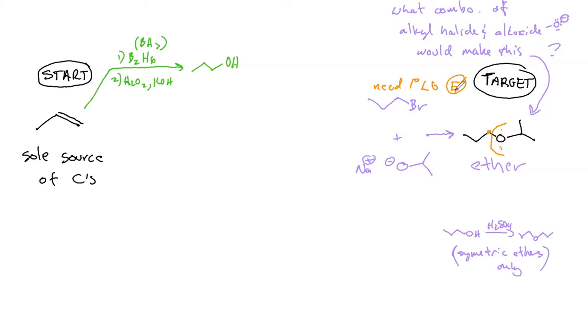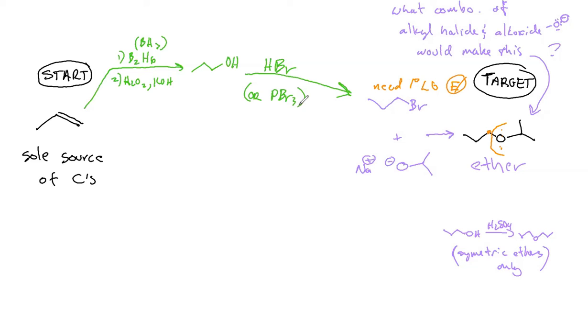So how would we make these 2 fragments? The hydroboration oxidation puts a functional group at the end of the chain, right? That's anti-Markovnikov addition. Can we convert that to a Br? We can use HBr. We can use PBr3. Either one of those will work great.